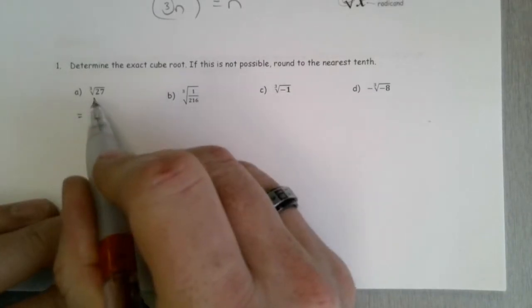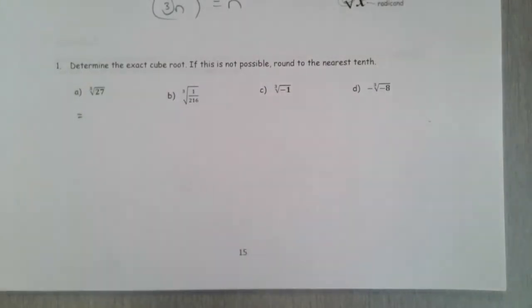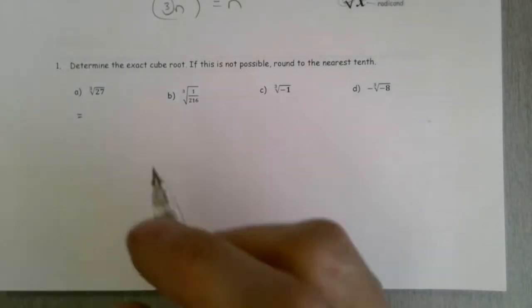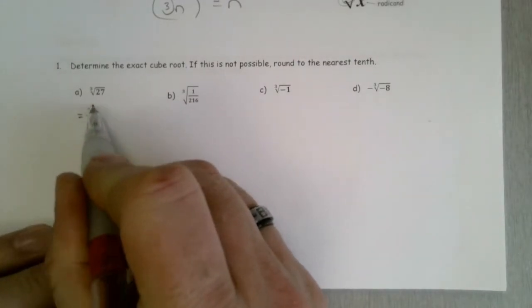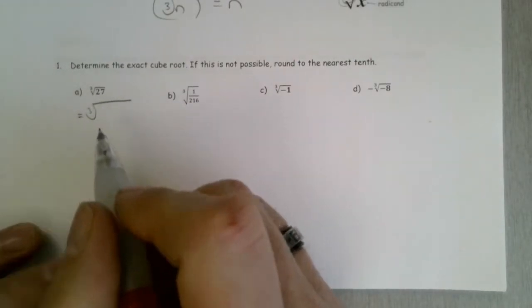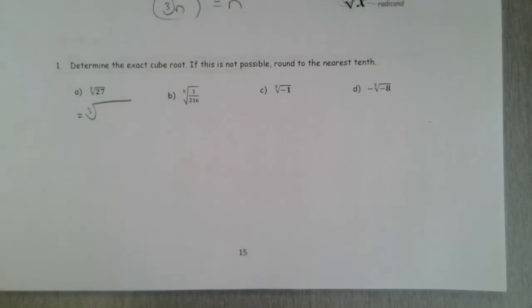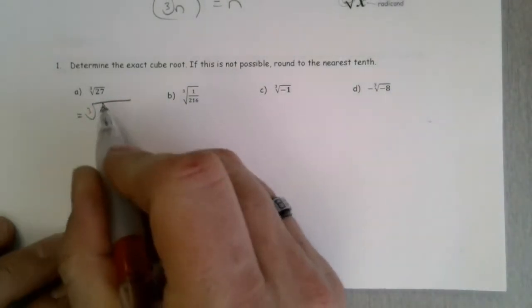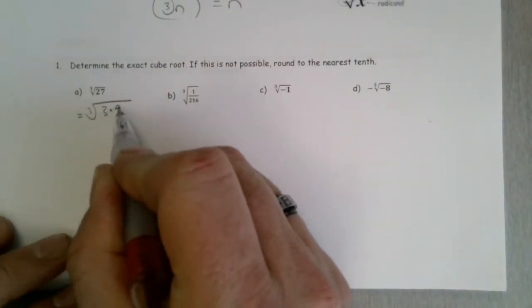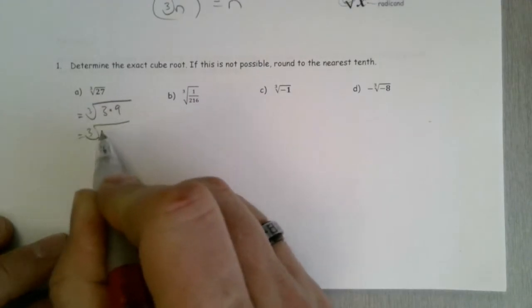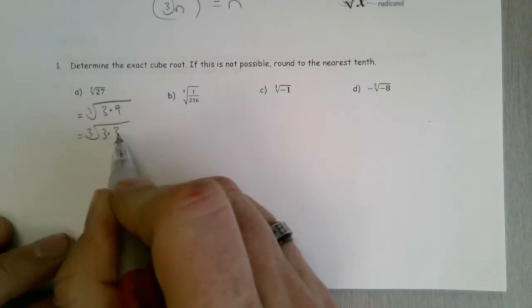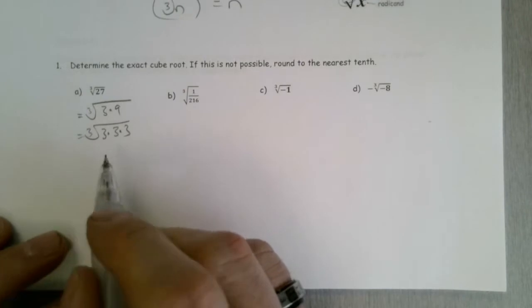So I've got the cube root of 27. Again, how I interpret that is the volume of some cube is 27. So I want to break up 27 as far as I can. We're going to talk a lot more about this in a bit, but 27 is the same as 3 times 9, which is 3 times 3 times 3.